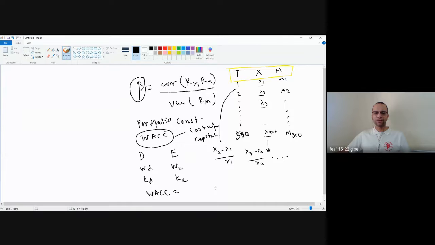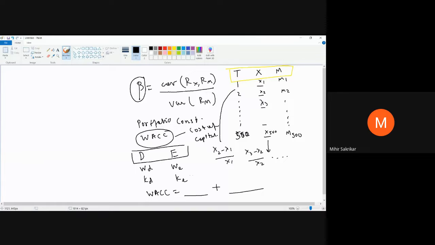Anyone? And is there anything which I have missed when I have to calculate the WACC for this setup? Can I try? Yes, please. So for WACC, it is a combination of weights appropriated to the debt or equity.